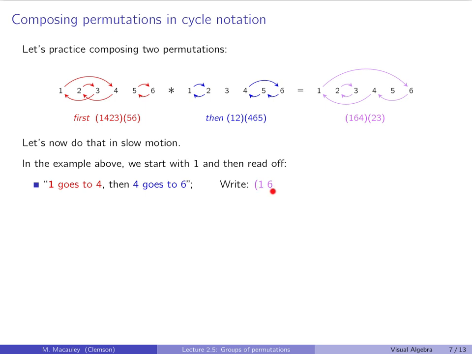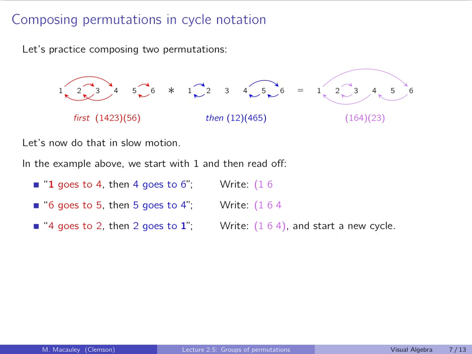So 1 goes to 6. Then 6 goes to 5, 5 goes to 4. So we put a 4 after the 6. 6 goes to 4. Next, 4 goes to 2, 2 goes to 1. So we say, hey, look, 4 goes to 1. We've already written a 1. So that means that we end this cycle.